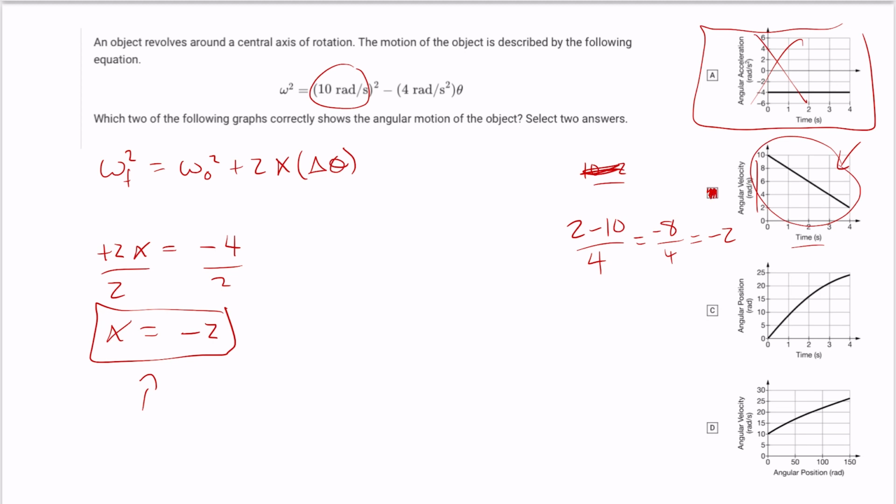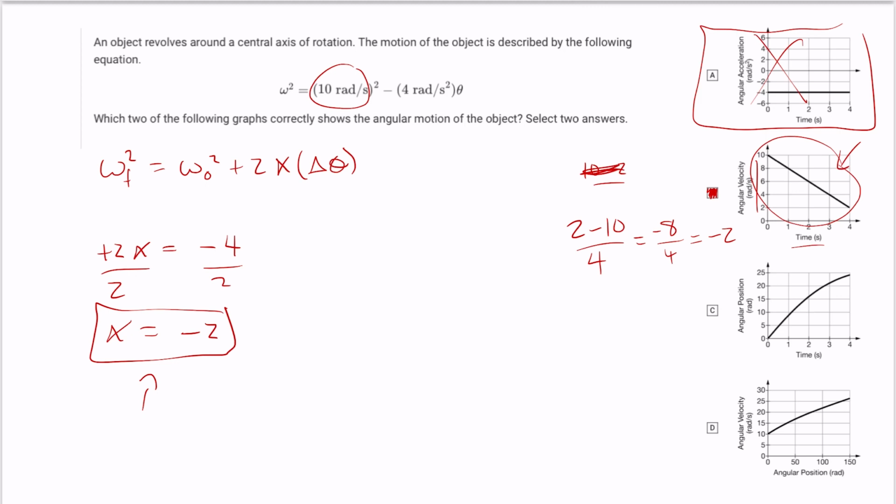For C, we do have a decreasing rate of change in position. So this graph has a higher slope here than it does here. Then that means velocity is decreasing. That does suggest we have negative acceleration, but in order to figure out if the negative acceleration is correct, we're going to need one of the constant acceleration kinematic equations, one that has final position and initial position.